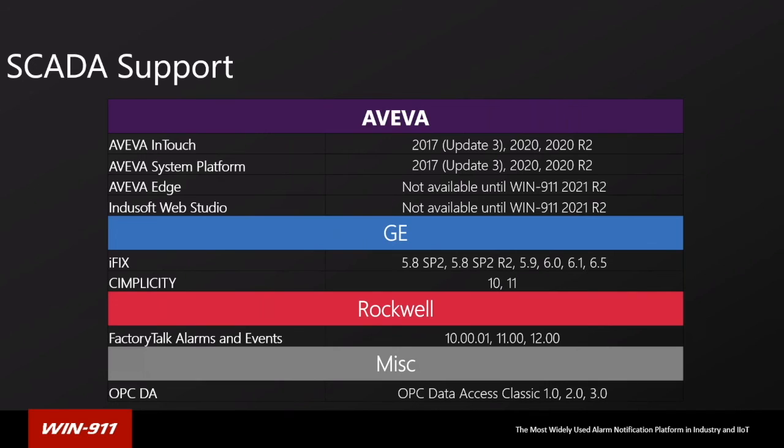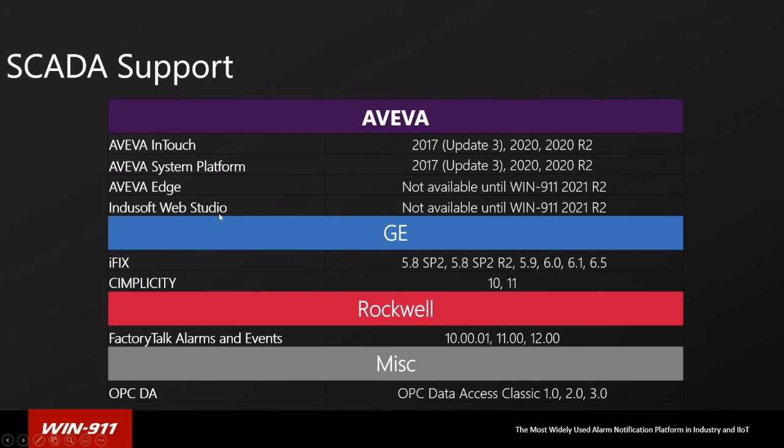Well, as a follow-up here, we're just going to mention what we support right now with WIN-911 2021. We cut out a lot of the old versions from the SCADAs. For example, InTouch, we used to be able to support 2014. We still do with our Core 4, but going forward with 2021, we're not going to support the older versions of InTouch, our system platform.